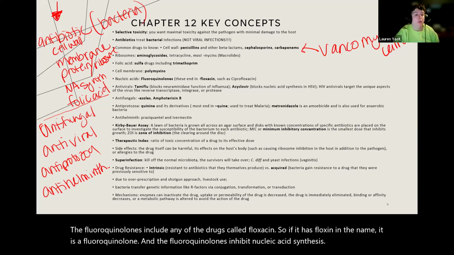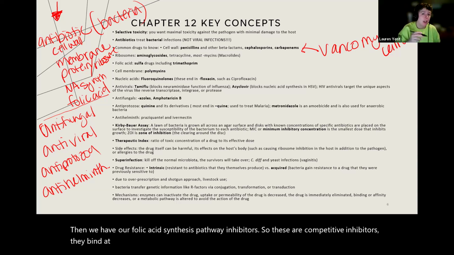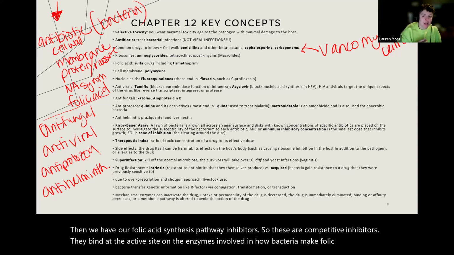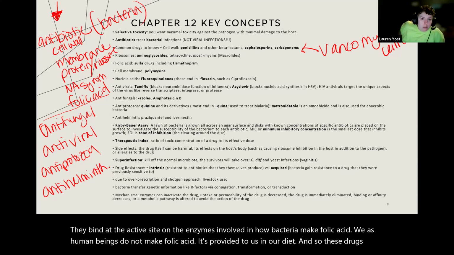Then we have our folic acid synthesis pathway inhibitors. So these are competitive inhibitors. They bind at the active site on the enzymes involved in how bacteria make folic acid. We as human beings do not make folic acid. It's provided to us in our diet. And so these drugs target a pathway that's unique to bacteria.